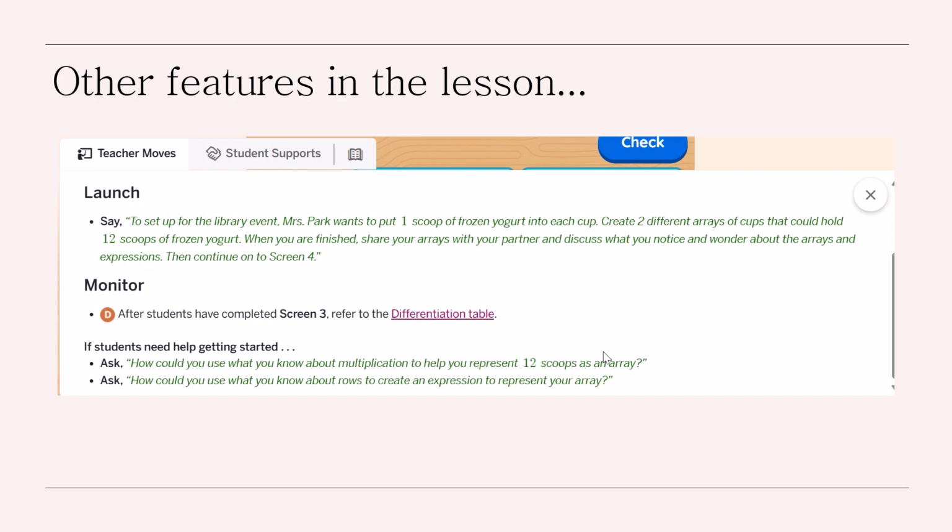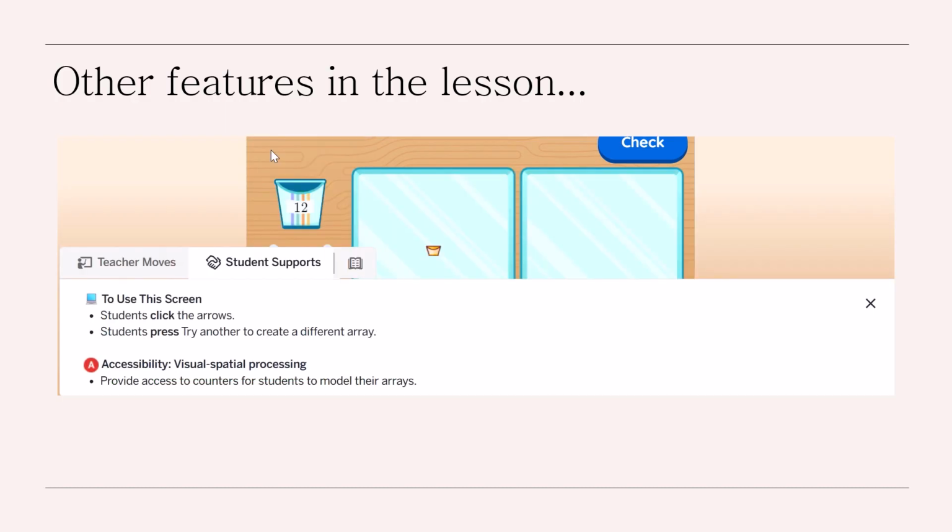If you need to differentiate, there are some links and teacher prompts. The student supports are what the students are expected to be doing during the lessons. While these look different on each page, there are different ways to look at the teacher expectations and the student expectations in each part of the lesson.